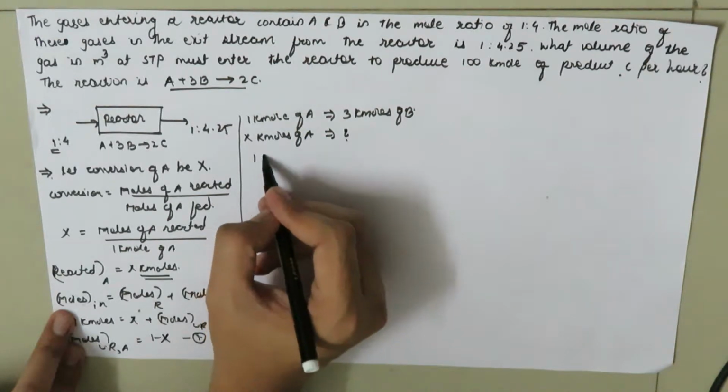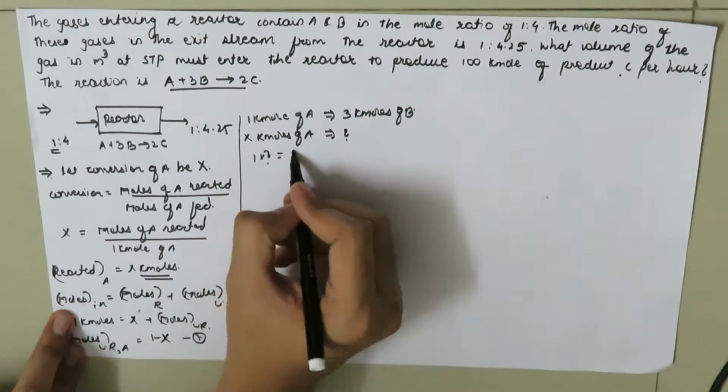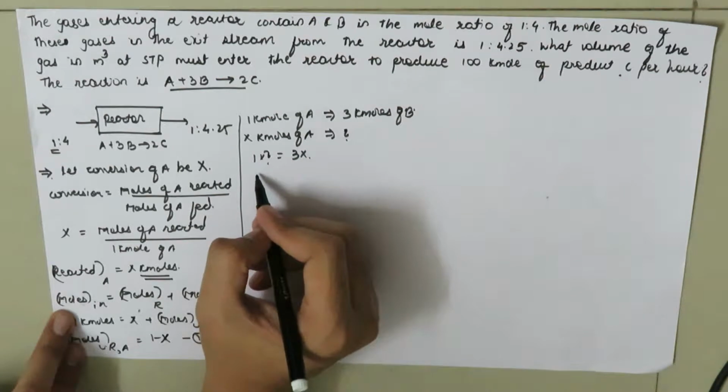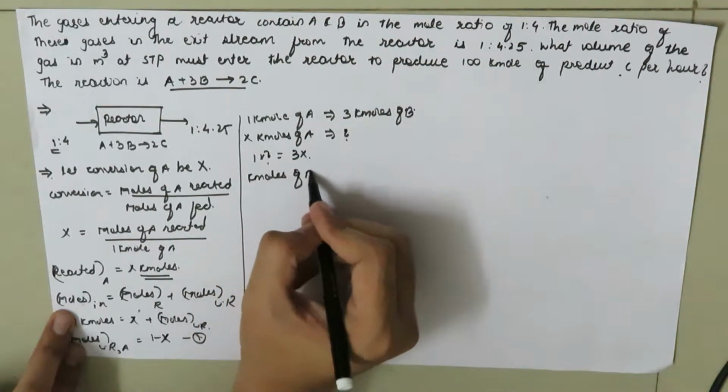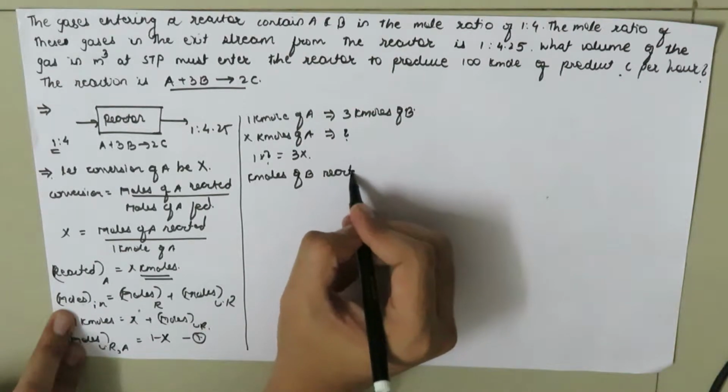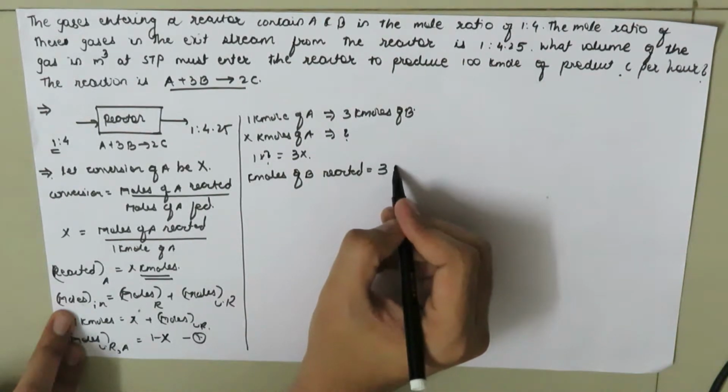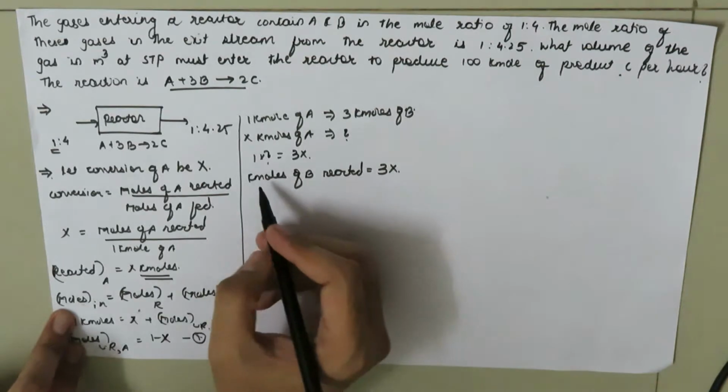So this will be 1 into question mark is equal to 3 times X. So kilomoles of B reacted is equal to 3X.